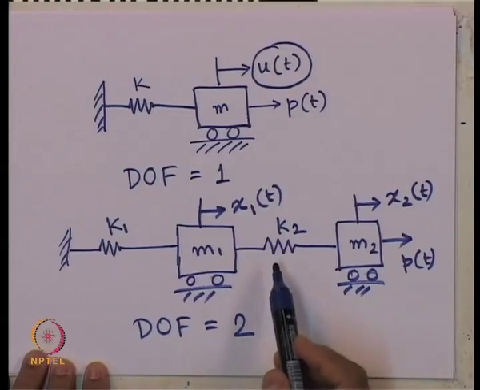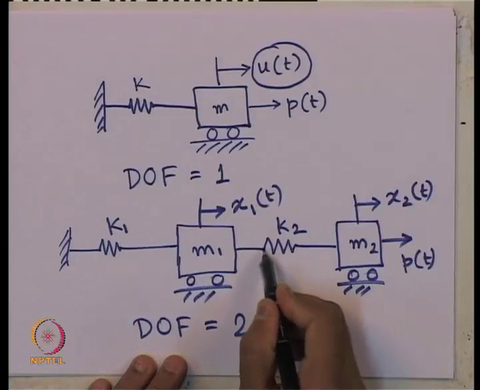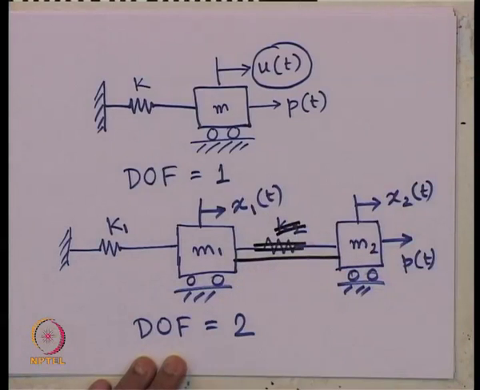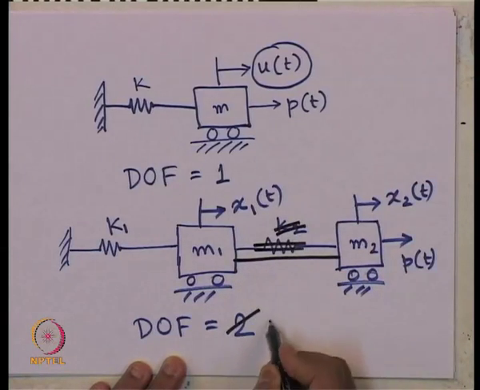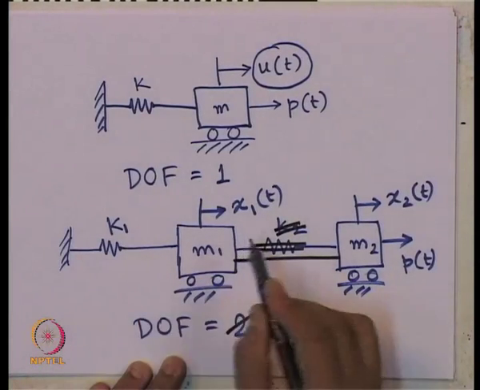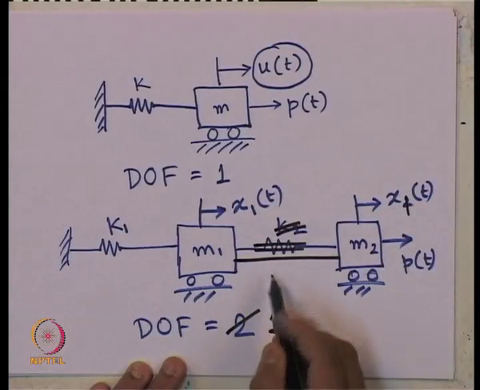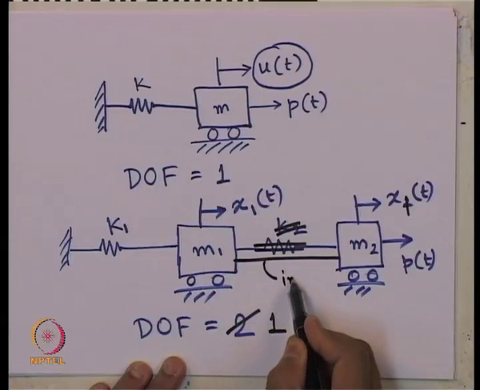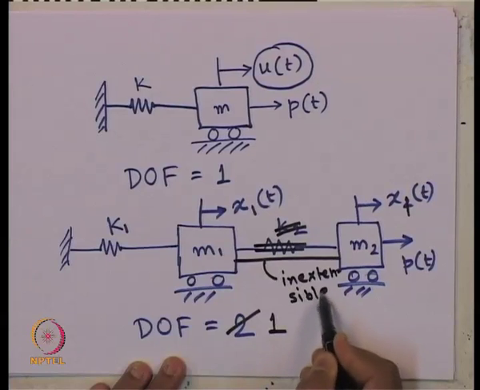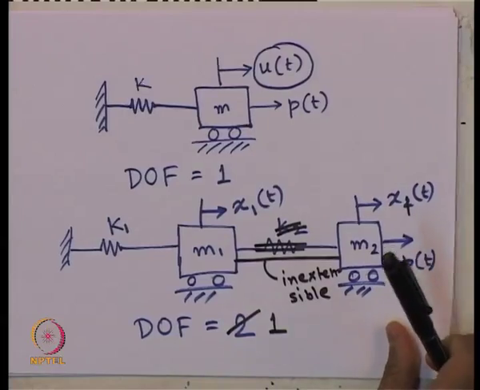But instead of this, suppose we connect them through an inextensible string instead of K 2, then the DOF will become 1, because in that case essentially this x 1 and x 2 will become the same if this rod is inextensible. Then the problem boils down to degrees of freedom 1.